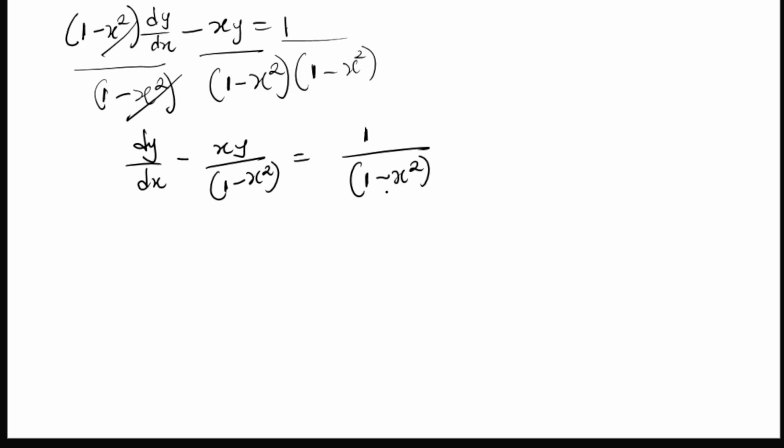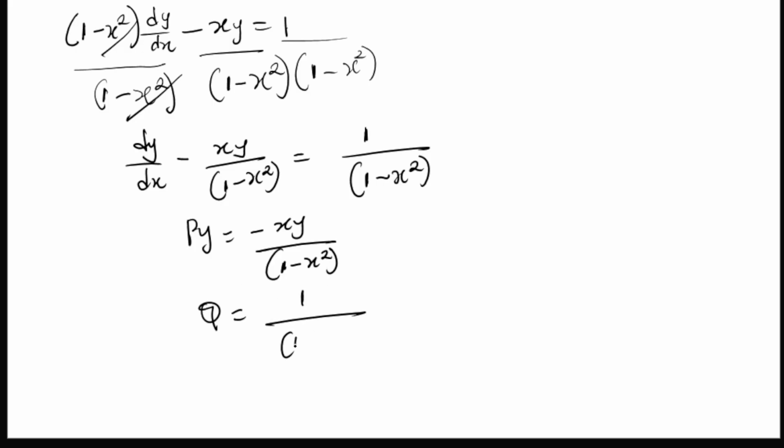Now the next thing is to compare to get P and Q. Comparing your equation, we know that our Py here will simply be equal to minus xy divided by 1 minus x square, and we have our Q here to be equal to 1 divided by 1 minus x square.